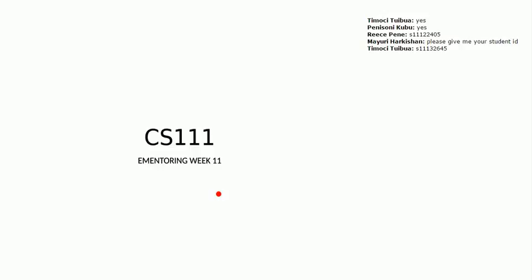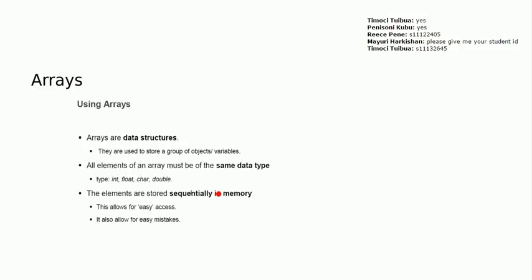So let's begin. Arrays. What are arrays? Arrays are data structures. They are used to store a group of objects or variables, right? All elements of an array must be of the same type. What does that mean?